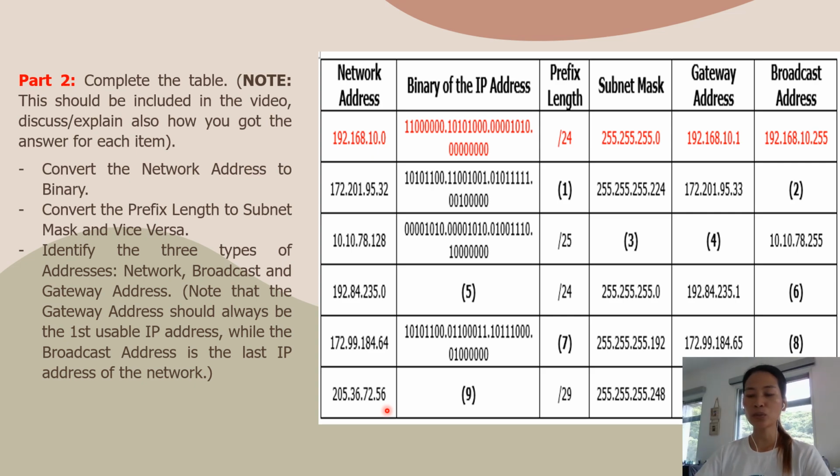Okay, so 192. 192 is 128 plus 64. So therefore, I will add 32 plus 16 plus 8 plus 4 plus 2 plus 1 equals 63. So therefore, my answer is 205.36.72.63.